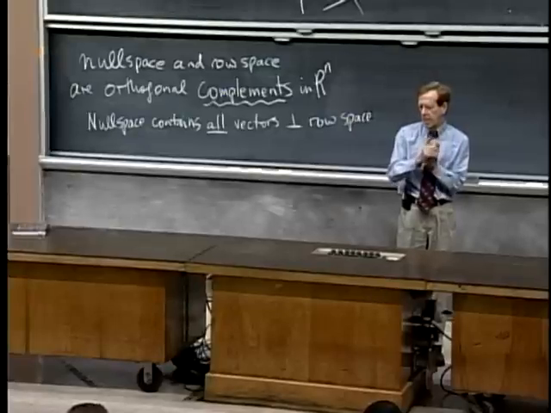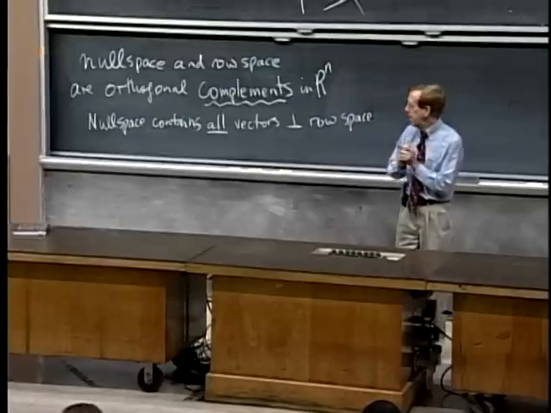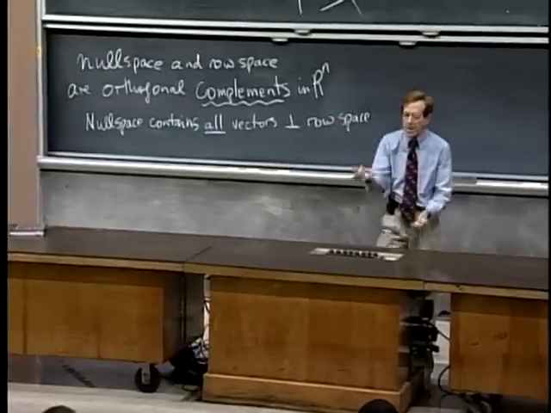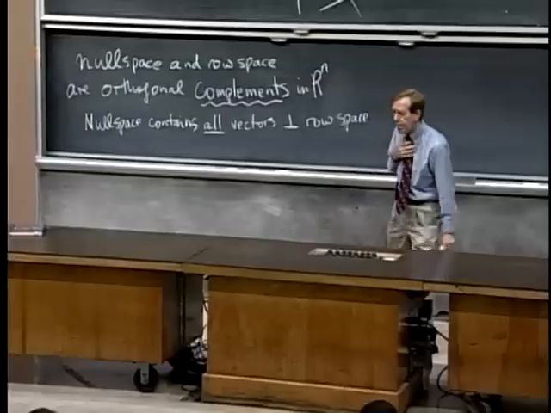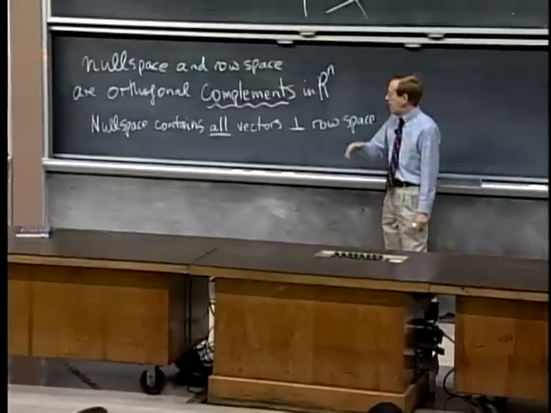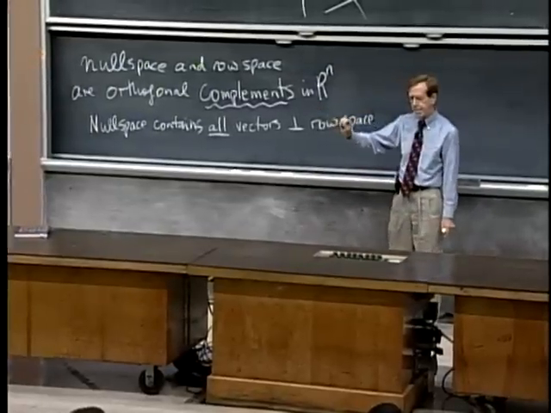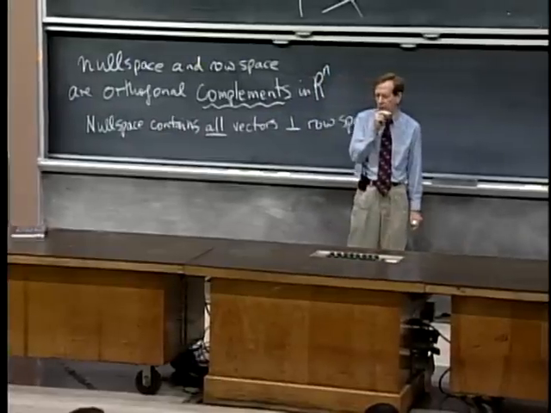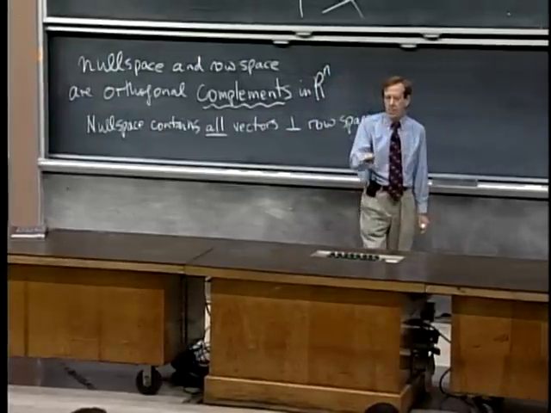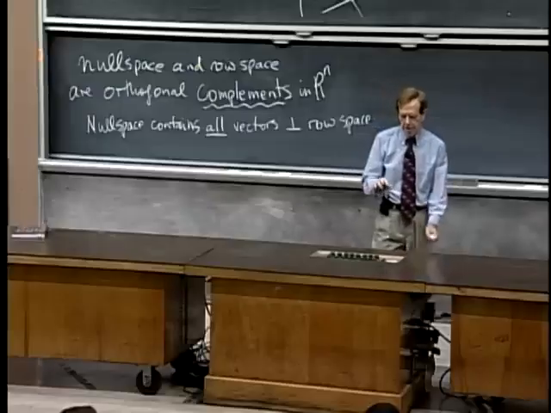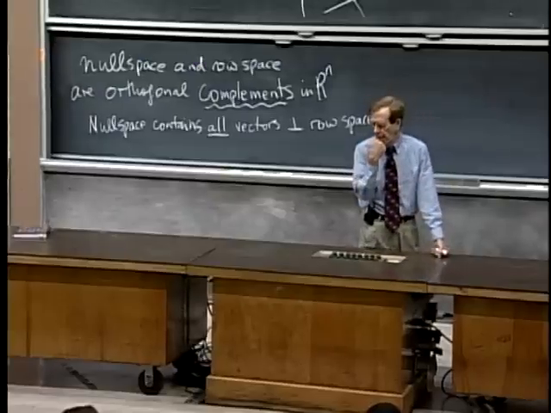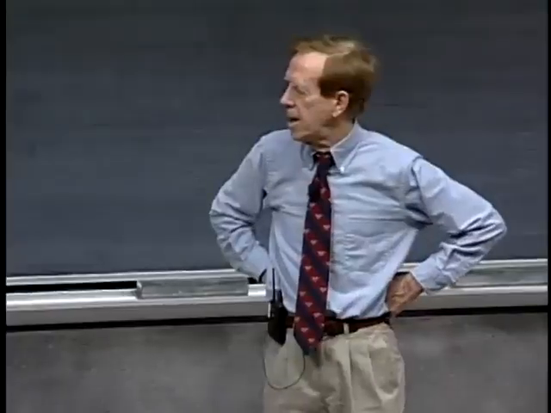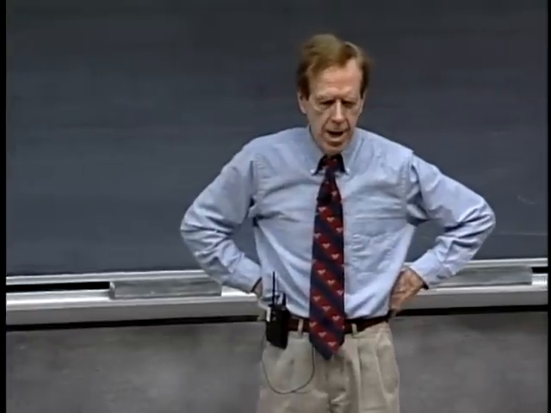The fundamental theorem of linear algebra is about these 4 subspaces. So part 1 is about their dimension. Maybe I should call it part 2 now. Their dimensions we got. Now we're getting their orthogonality. That's part 2. And part 3 will be about bases for them, orthogonal bases. So that's coming up. Okay.